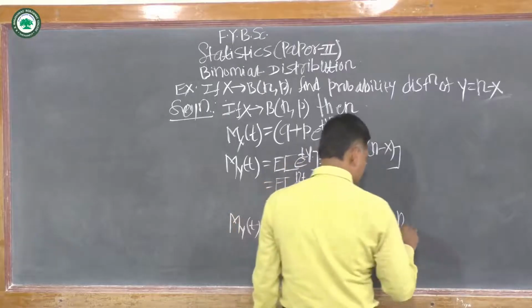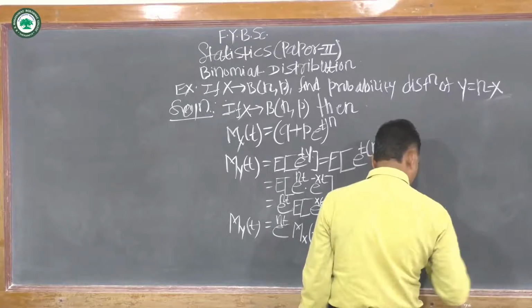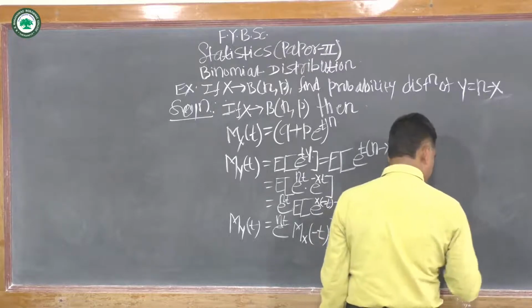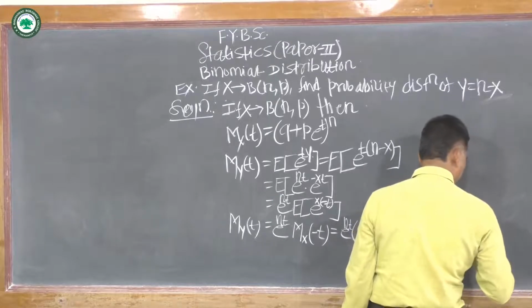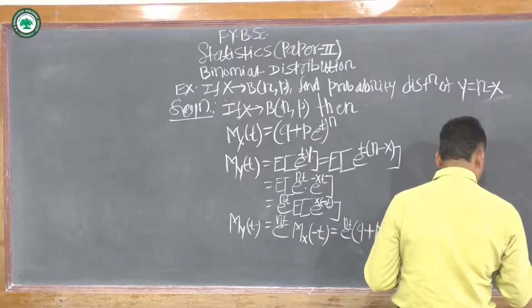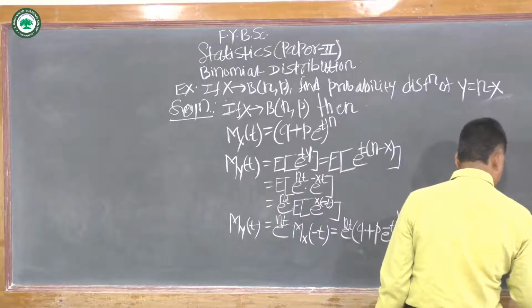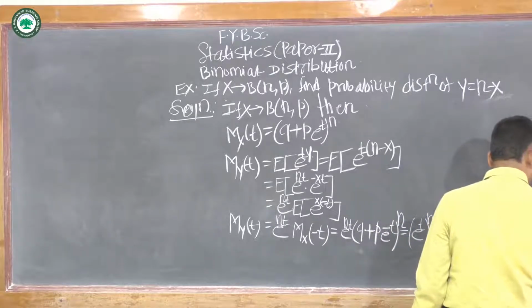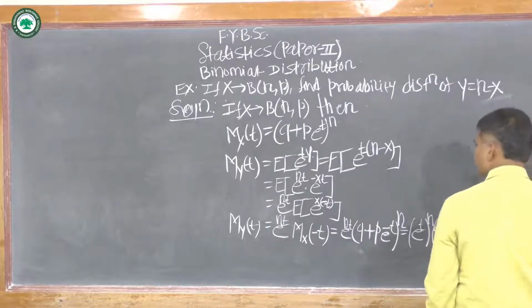Again this can be written as (e raised to t) raised to n into (q plus p e raised to minus t) raised to n, which is equal to (q e raised to t plus p e raised to minus t plus t) raised to n.